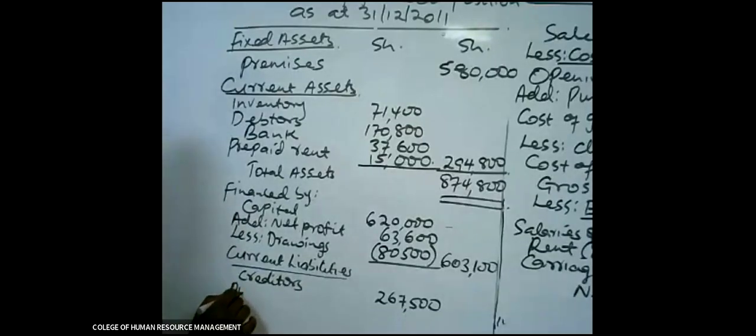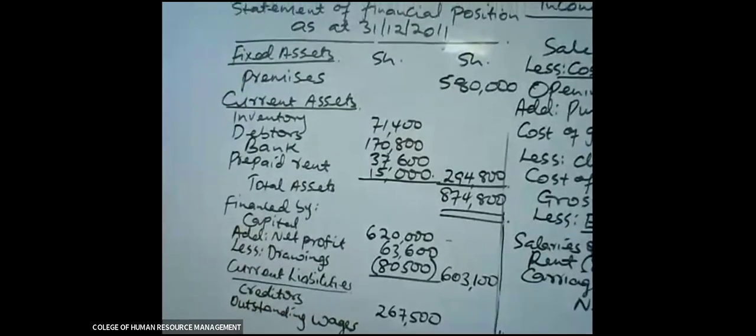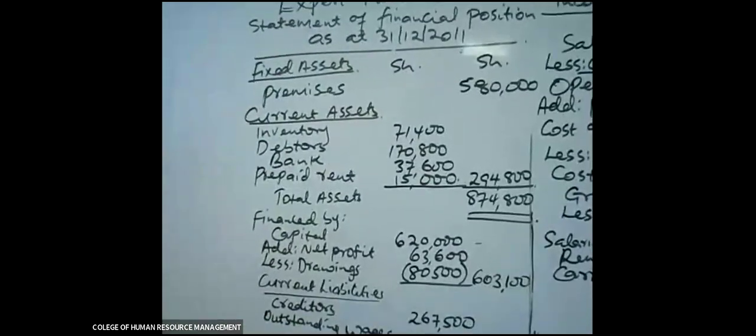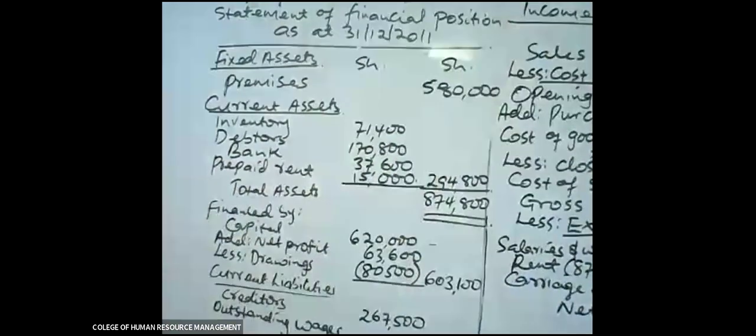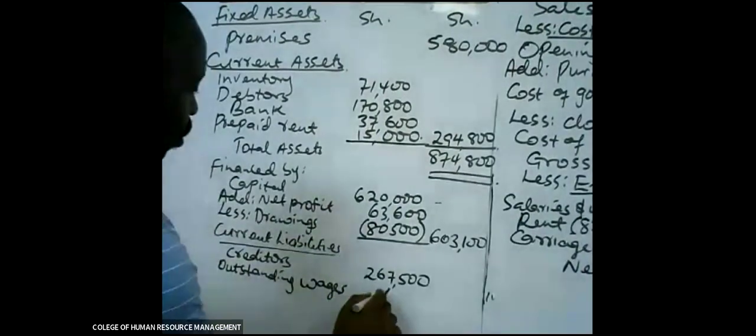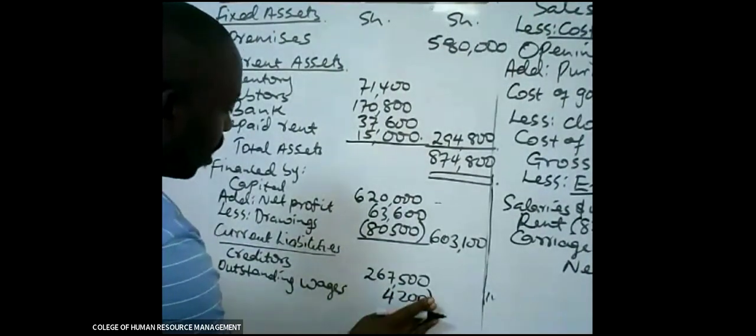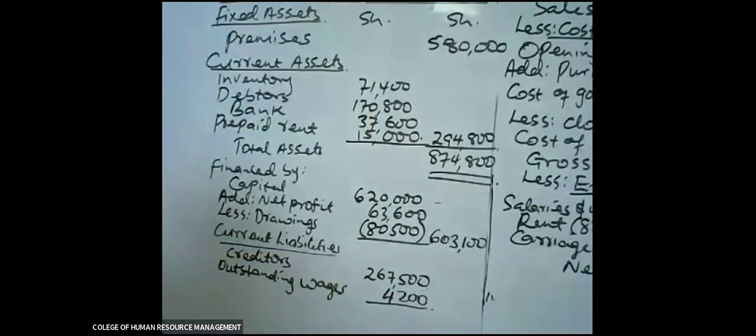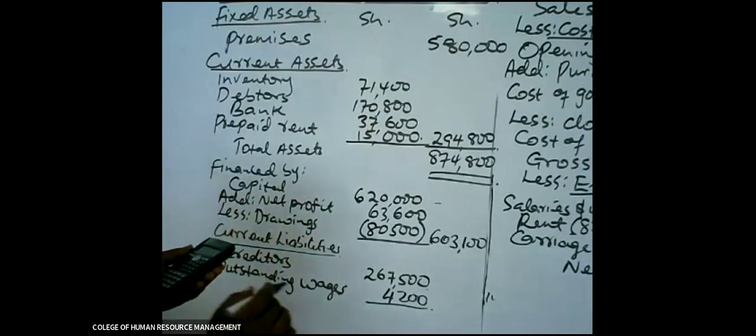That is an accrued expense, anything that we have not paid. Accrued expenses are liabilities. Outstanding wages of 200, you have not paid, so you add that. $267,500 plus 200, you get 271,700.